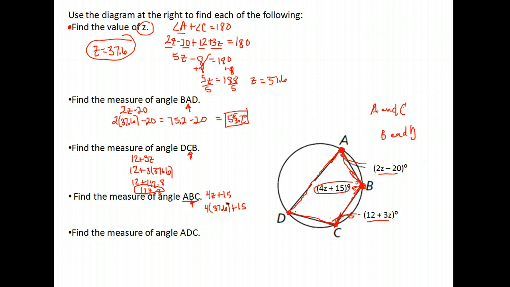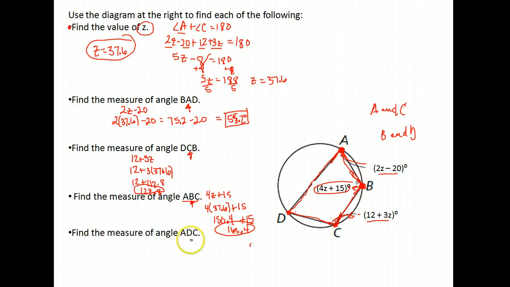We do multiplication first, so 4 times 37.6 gives us 150.4, add the 15, and we get 165.4.